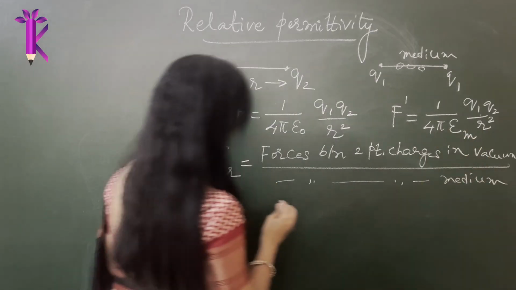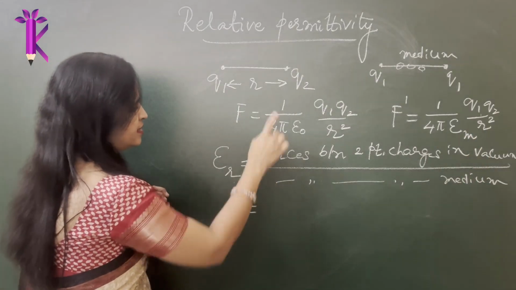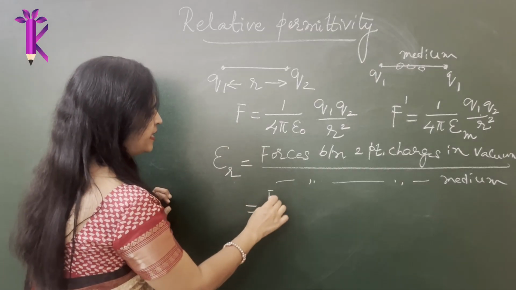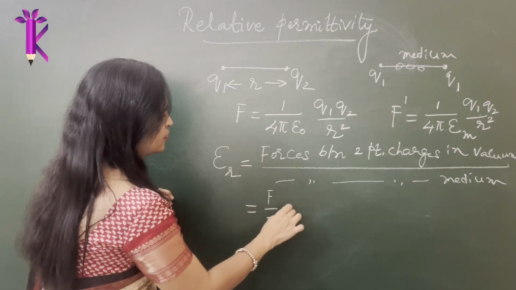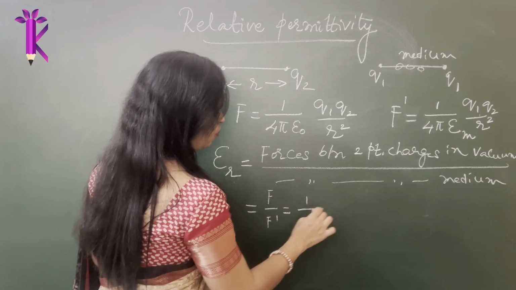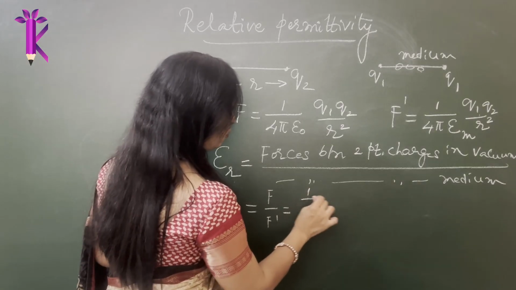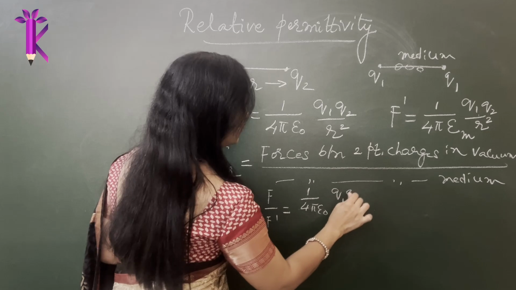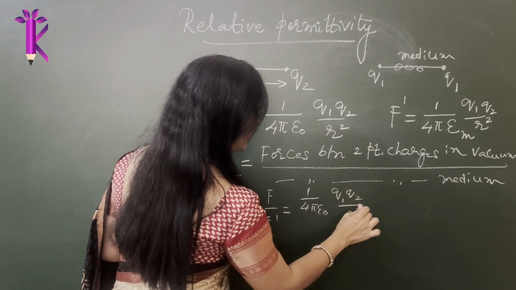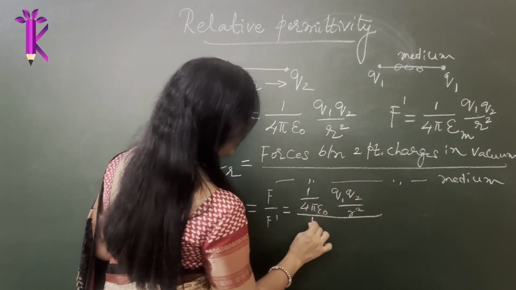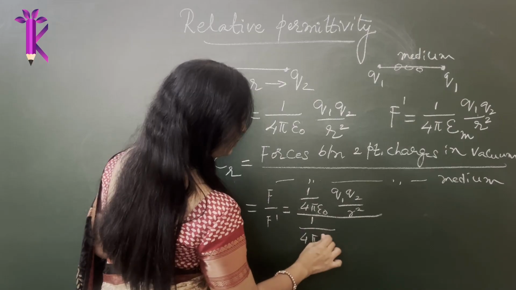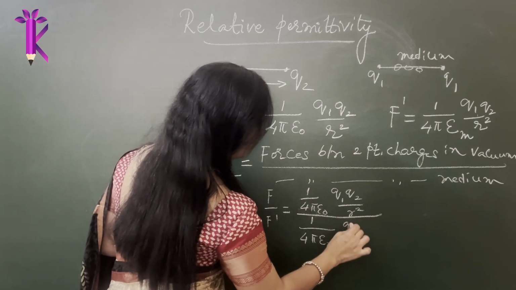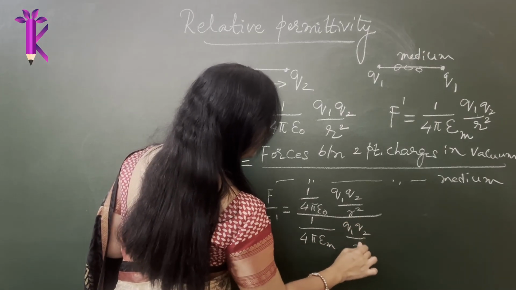So let's write the expression. It will be F divided by F dash, which is 1 by 4 pi epsilon naught Q1 Q2 divided by r square, whole divided by 1 by 4 pi epsilon m Q1 Q2 divided by r square.